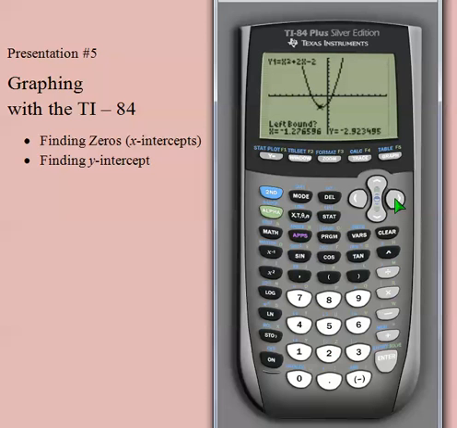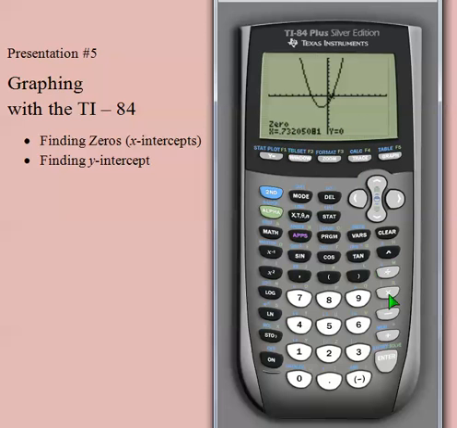And now I scoot along. All right, I have a left bound here. I hit enter. Right bound. I want to be to the right of my point. It's right here. Hit enter. Guess. Ignore that. Hit enter again. And I have my 0 at 0.732.